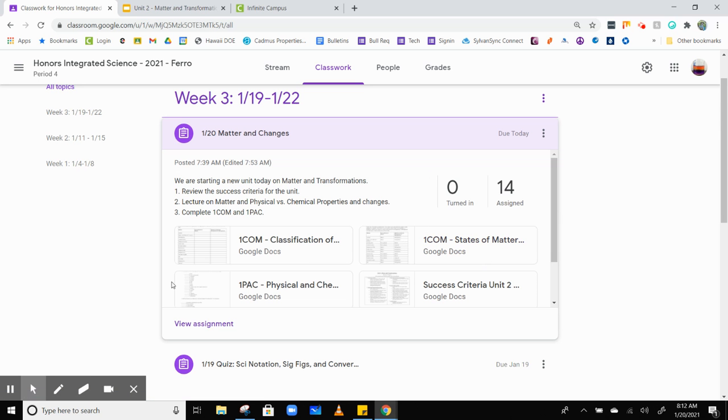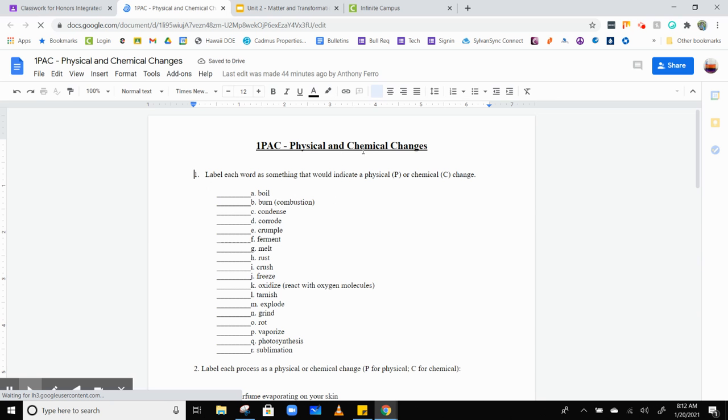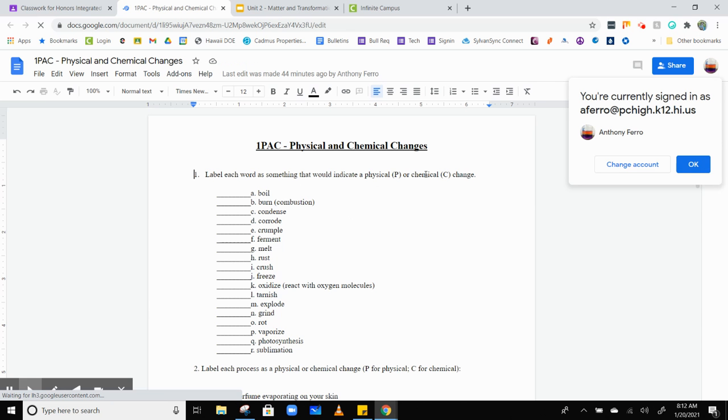The other worksheet you have to do is physical versus chemical changes and properties. The first thing is just labeling words if they're P or C. It doesn't have to be neat or anything, just write P, C, whatever it is.